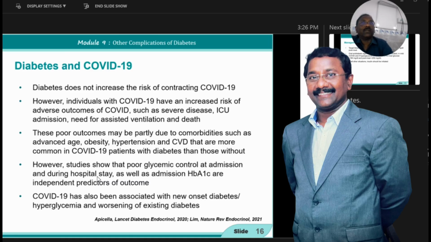Very common reply. Okay, what is the duration of the diabetes? 3 years, sir. When you got the diabetes? When I got the COVID. After the COVID, I was diagnosed as a diabetic. COVID-19 has also been associated with new onset diabetes, hyperglycemia and worsening of existing diabetes.